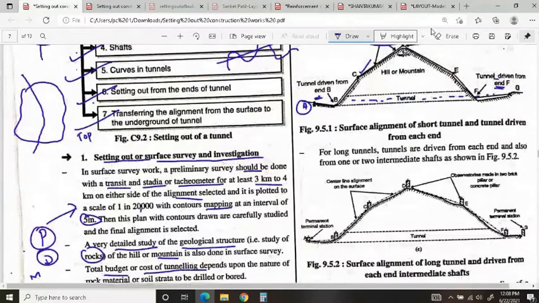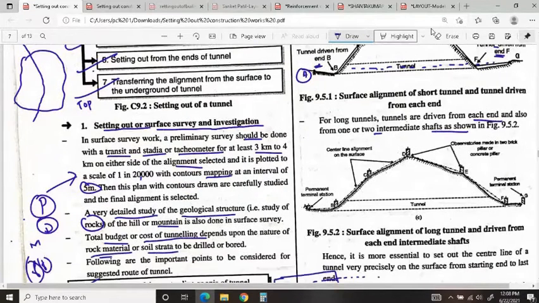For long tunnels, tunnels are driven from each end and also from one or more intermediate shafts. Here you can see A, B, C, D, E, F, G. The tunnels are driven from B here, and F here. If there are any other possibilities, we will go for intermediate shaft drilling.